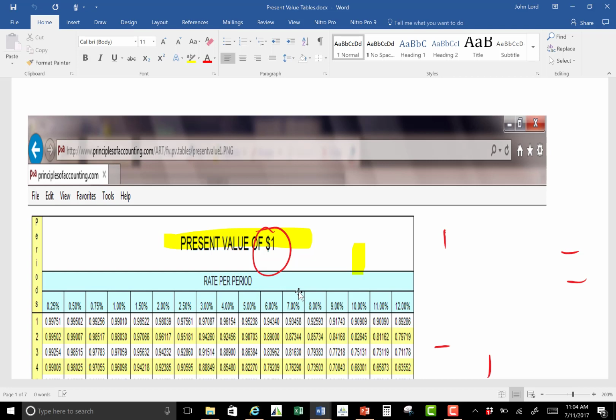And then I'm going to pick up this 0.94340, because the next number is 93, isn't it? Okay. So I go ahead and pick up this 0.94340.